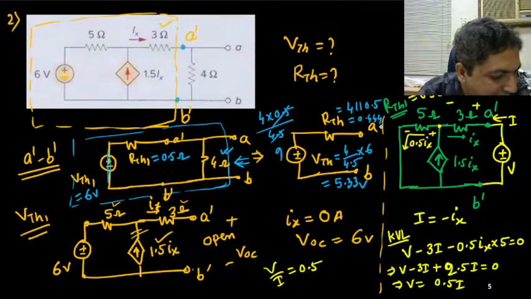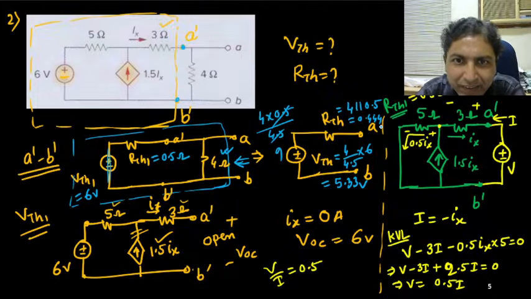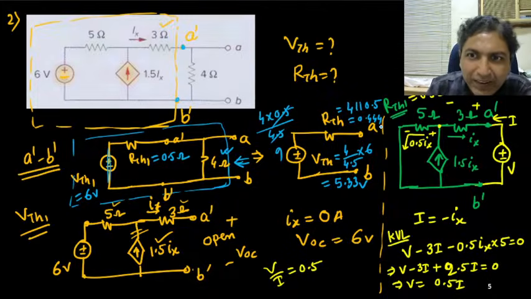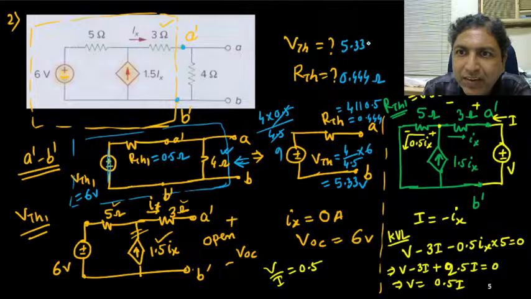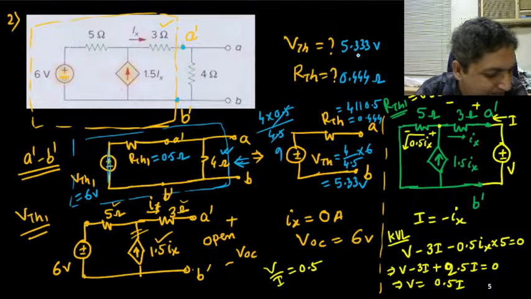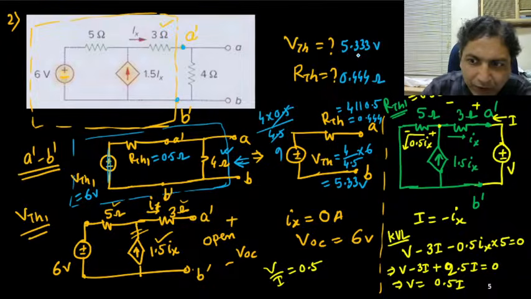Yeah, exactly correct. Perfect. So RTH we have got is 0.444 ohm, and VTH we have got is 5.333 volt. Okay, is it fine to all of you?